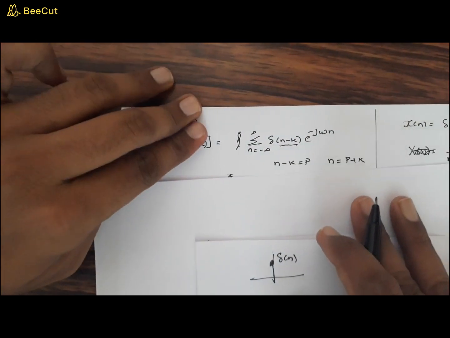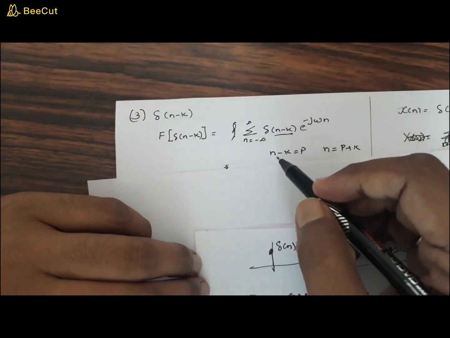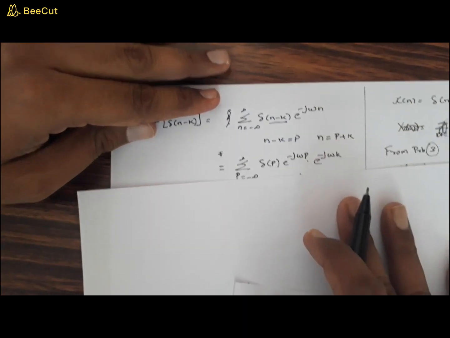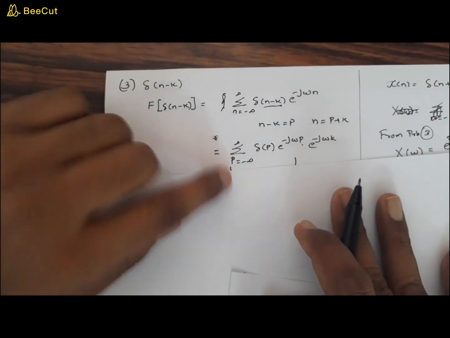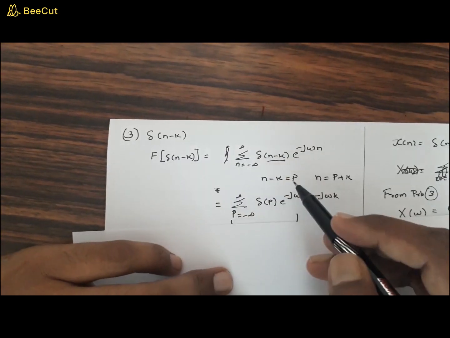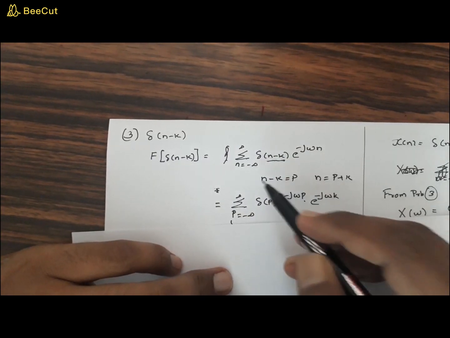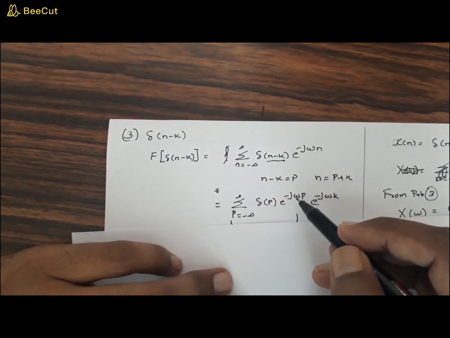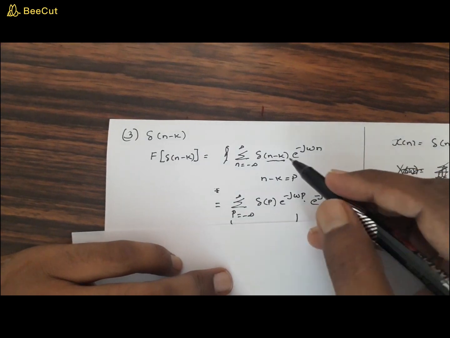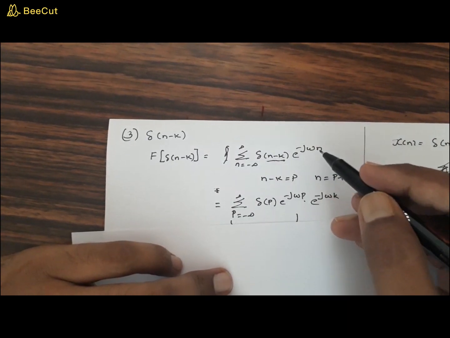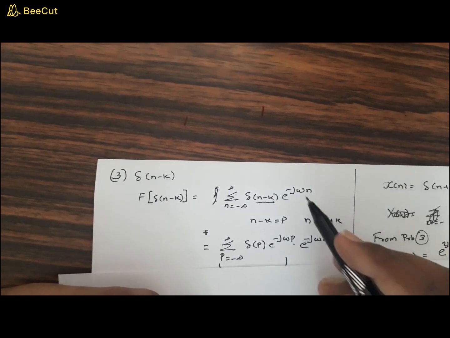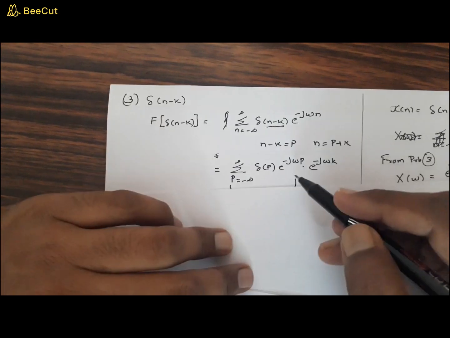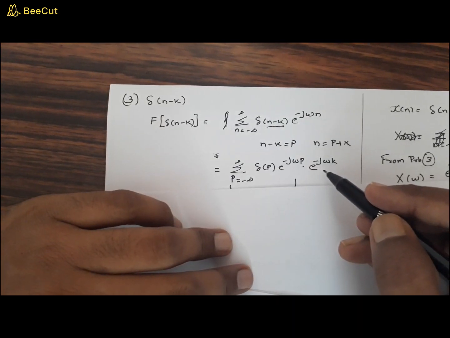But you can have a substitution method like this as well. Put n minus k equal to p, so n is equal to p plus k. As n varies from minus infinity to plus infinity, p also varies from minus infinity to plus infinity. So you get the sum of del of p e raised to minus j omega into p plus k, which you can split as e raised to minus j omega p into e raised to minus j omega k.